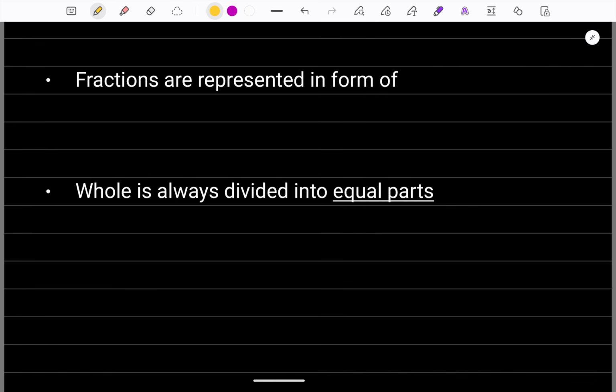So the key takeaway from here is that fractions are represented in the form of A by B, where A and B are whole numbers. And there is a condition to it: B cannot be equal to 0. B is the denominator. And if we divide any whole number by 0, we will not have the form of A by B.